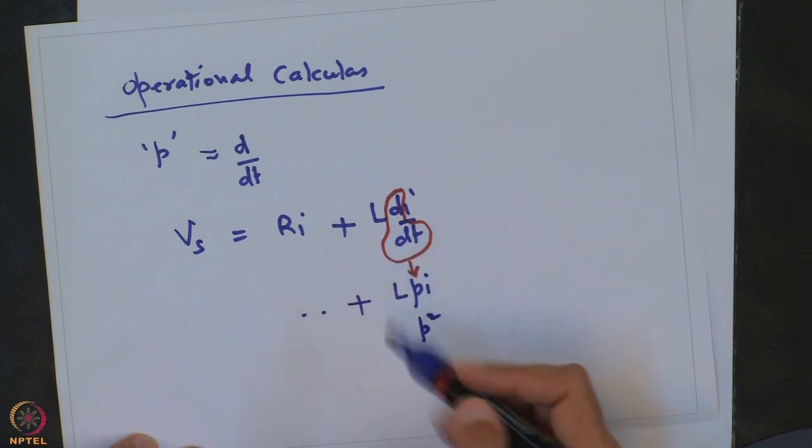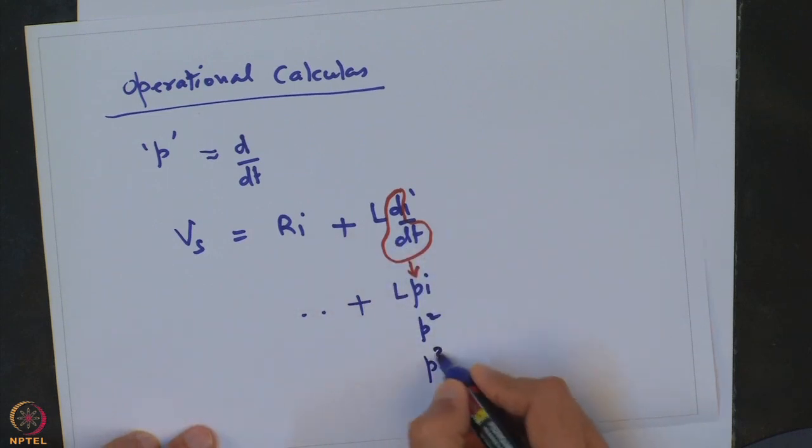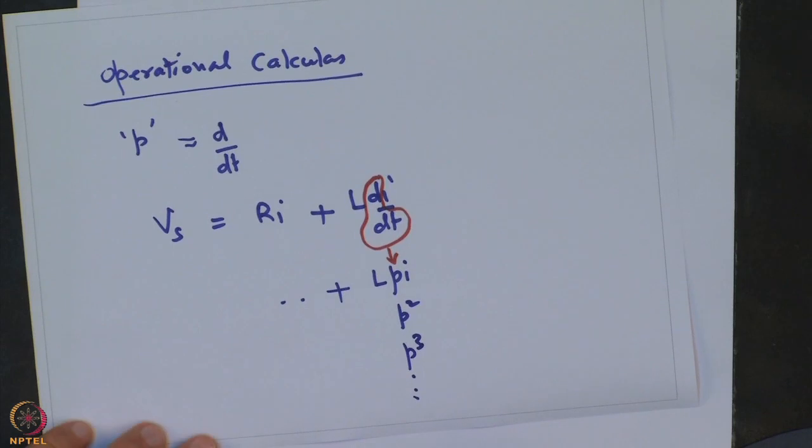If it was d cube by dt cube, then this will become P cube, and it goes on.